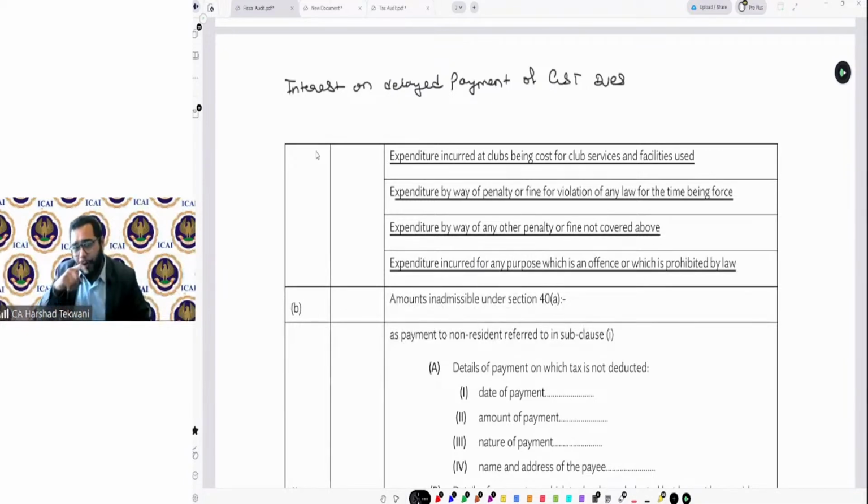So interest on delayed payment of GST dues was there, which was debited to profit and loss account. Will that interest fall under these clauses or not? Whether that interest will be reported here or not.